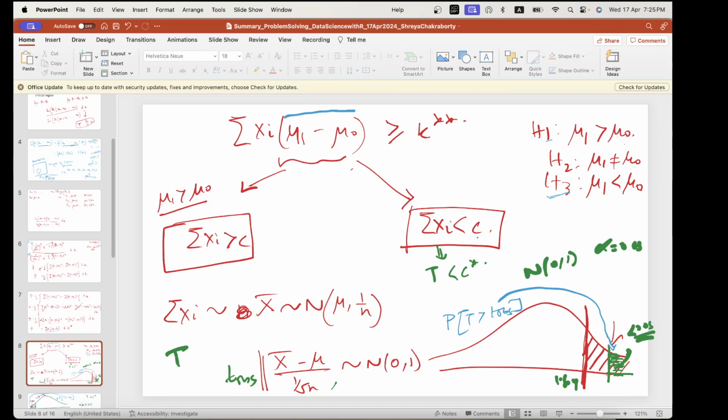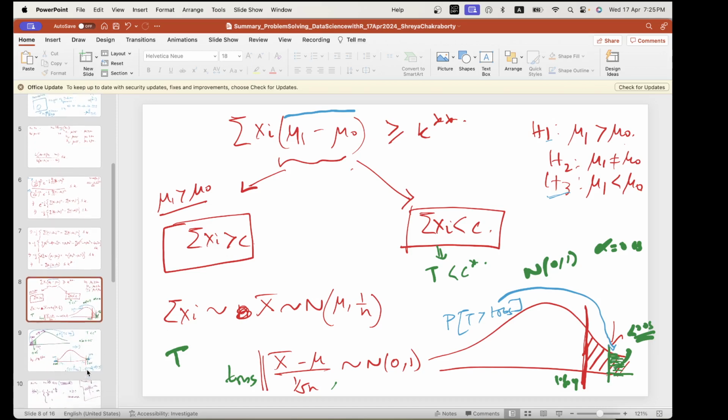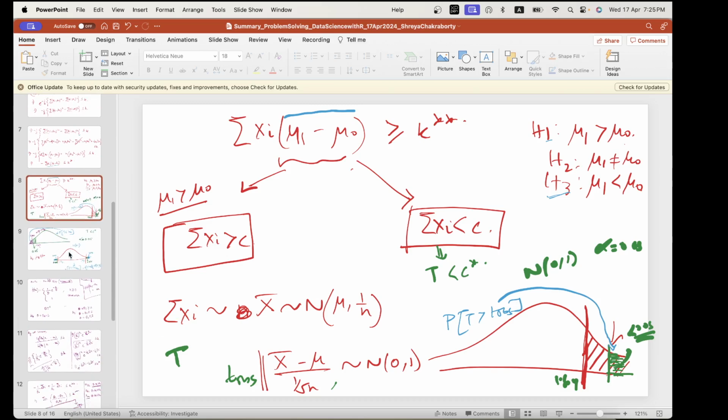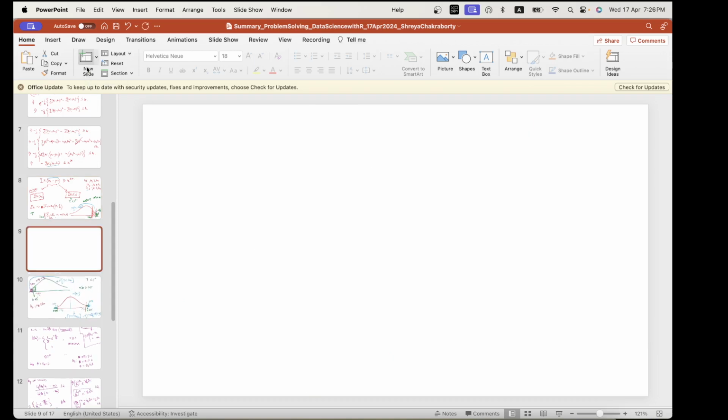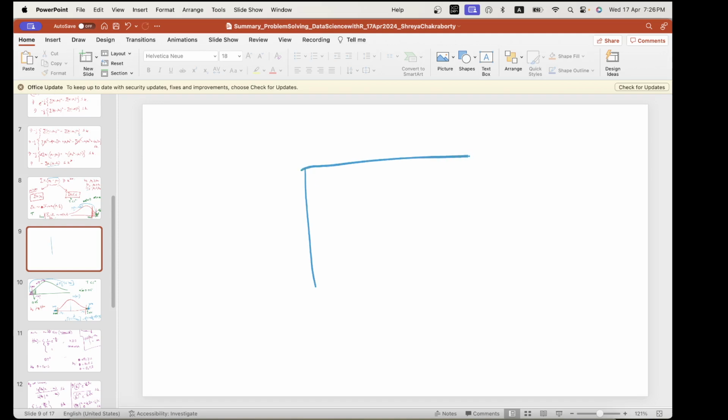Now how do I devise c? In order to devise c, we have to use our type 1, type 2 error criteria. So what was our type 1 and type 2 error criteria? Let's say this is your ground truth, and this is your prediction.